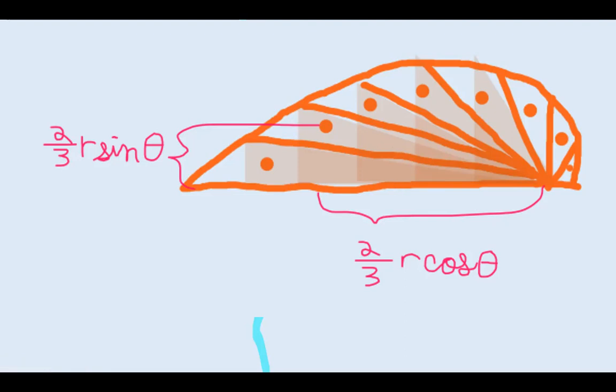So what we have done here is we have noted the approximate locations of the centroid of each of these small sectors, and then we have drawn a triangle from each of the points where the sector intersects the curve. And then we can use right triangles to find the location of the centroid for each sector.